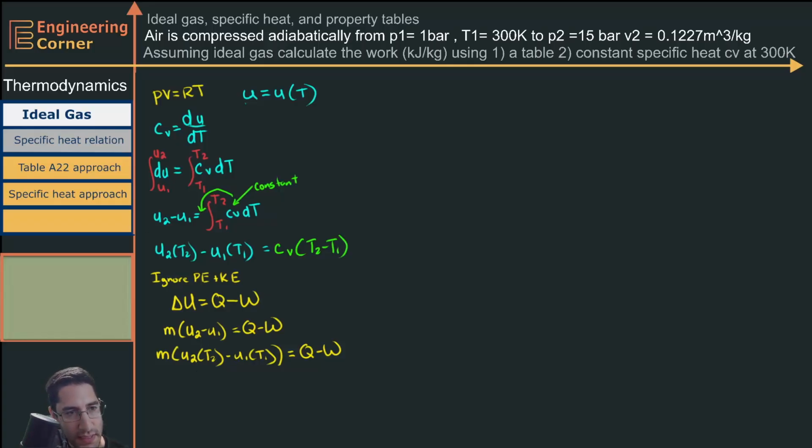And you can see that we're just able to substitute this with this. So we can get the equation that m CV times T2 minus T1 is equal to Q minus W. So we can use either of these two equations. In this equation, we need to know what our constant specific heat is.